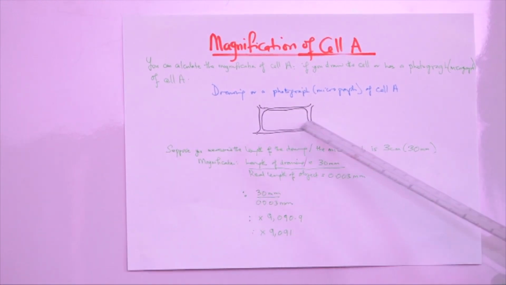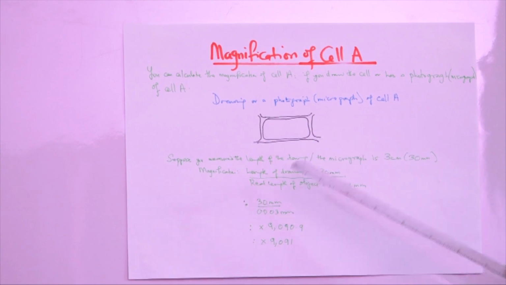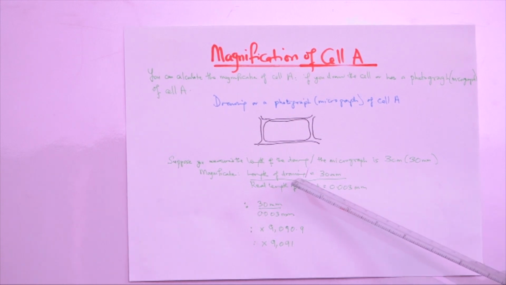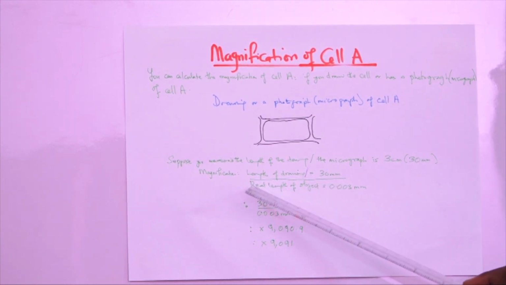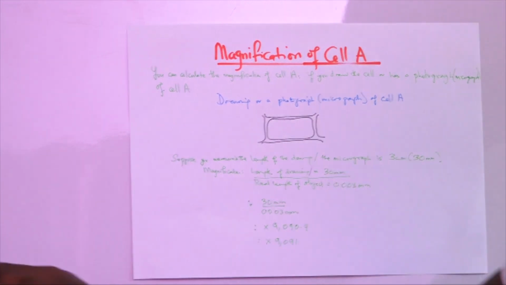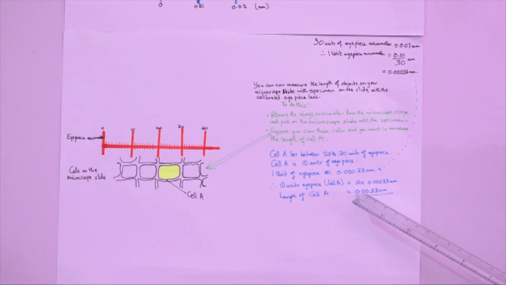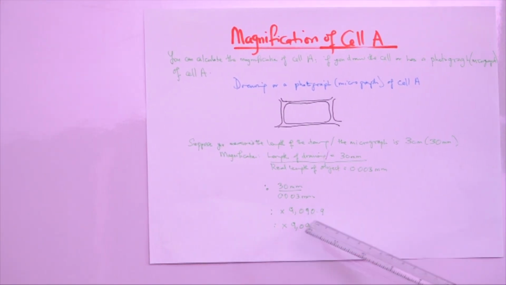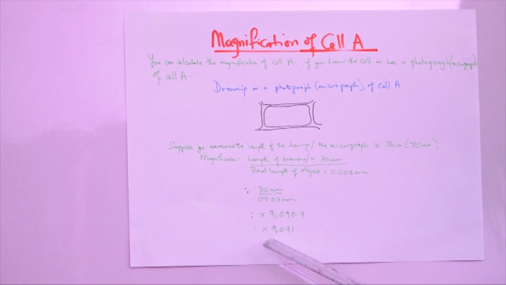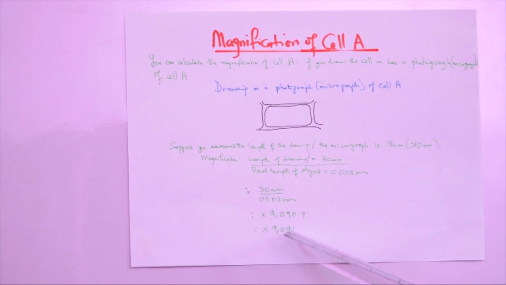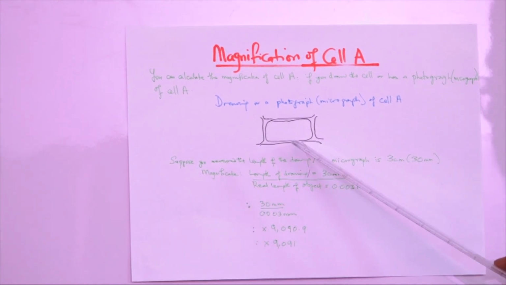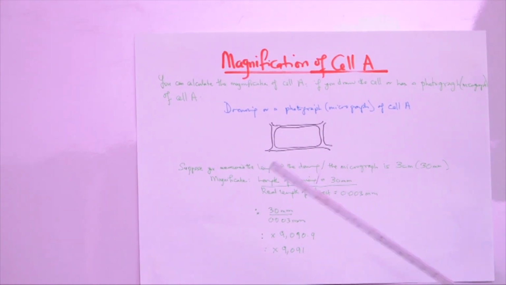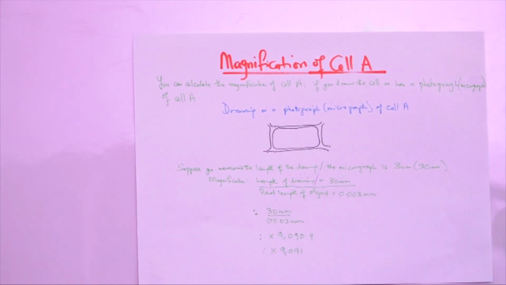We draw a cell that is 3 centimeters, which means 30 millimeters. The real length of the object is 0.0033 millimeters. We divide and we get times 9,000 plus. So this cell we have drawn is magnified 9,000 times.